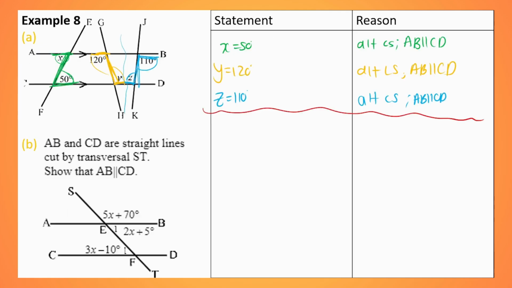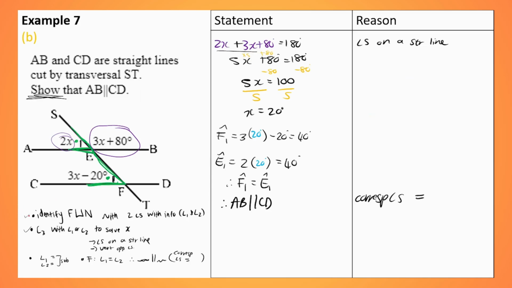That was step one. So now here, if we want to use step one, we will identify that this angle and this one should be equal if the lines are parallel. So we must show that they are equal. Then, that's our first step.